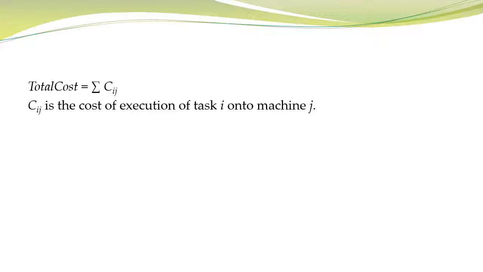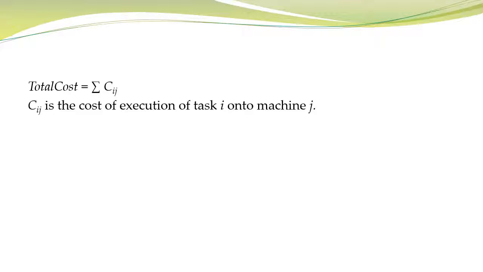The usage of each machine available costs some money, for sure. As a result, an additional constraint needs to be satisfied when scheduling the DAG, namely that the overall financial cost of a schedule does not exceed a certain budget. We define the overall total cost as the sum of the costs of executing each task in the DAG onto a machine. As you can see in this formula, total cost is the sum of Cij.